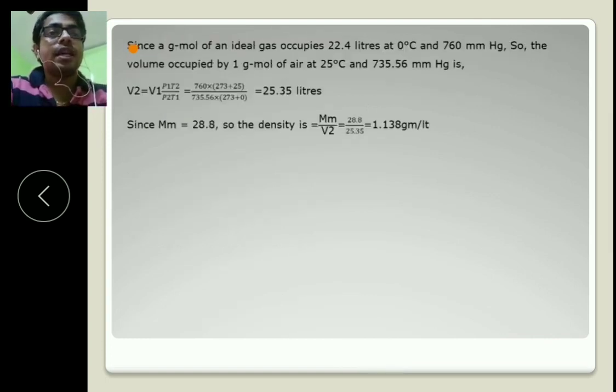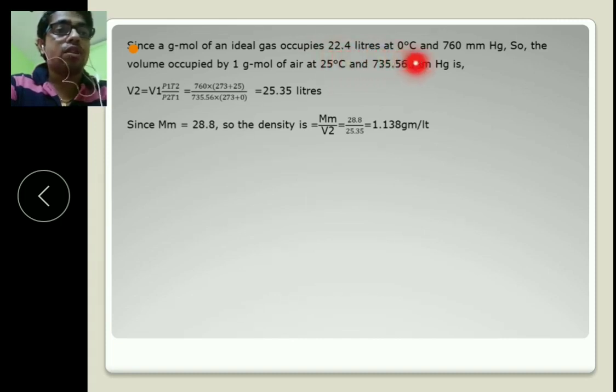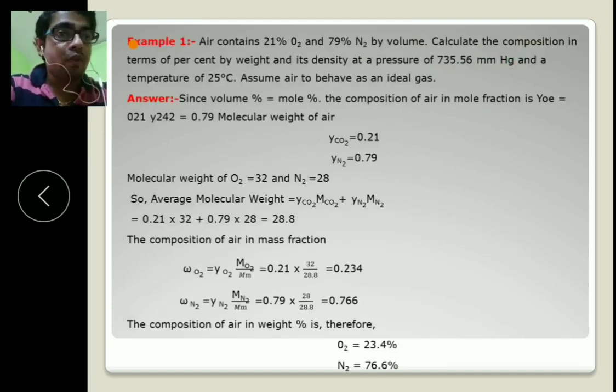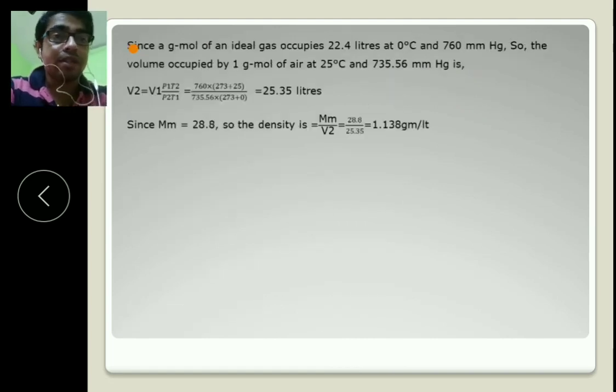A gram mole of an ideal gas occupies 22.4 liters at 0 degrees centigrade and 760 mm, we know. What is given is a pressure of 735.56 millimeter mercury and a temperature of 25 degrees centigrade.